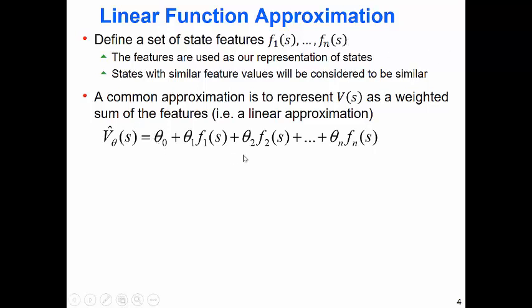We have some parameters, I'm going to call them theta, and a linear function where you put a weight in front of each feature. The magnitude of the weight tends to tell you how important that feature is, and the sign tells you whether it's positively or negatively correlated with the value. And then we have this bias term.